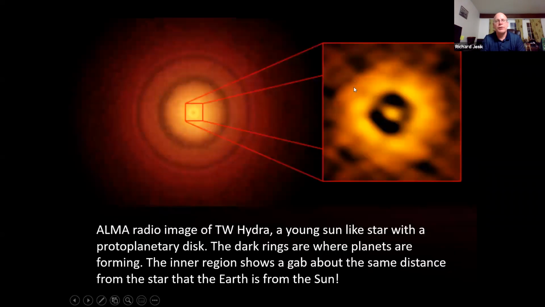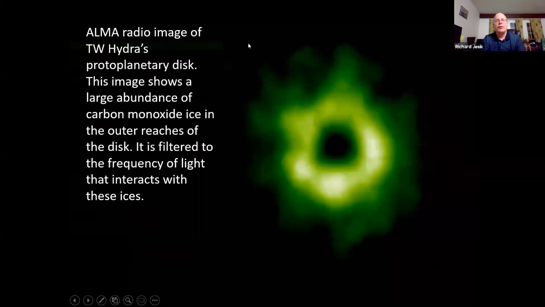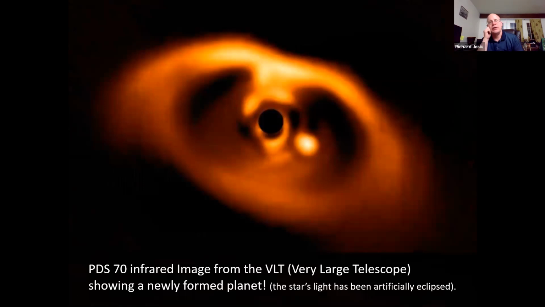All right, so let me get rid of this. Just some other images of these planetary disks forming. Here we can actually see a baby planet formed. And you can kind of see the gap.